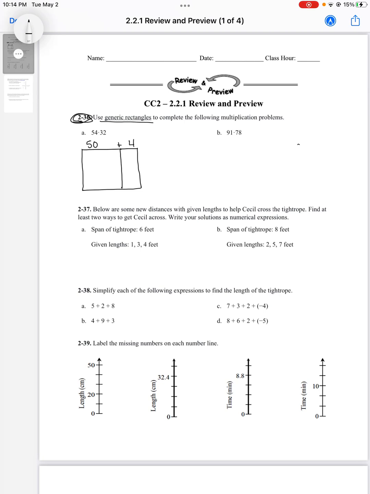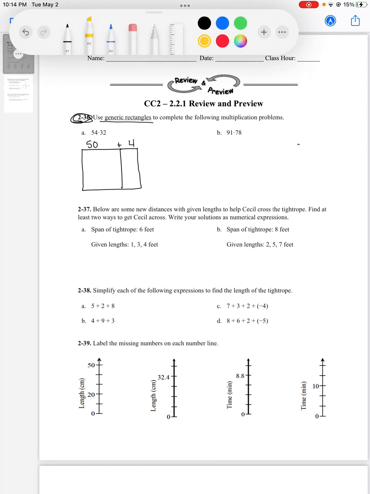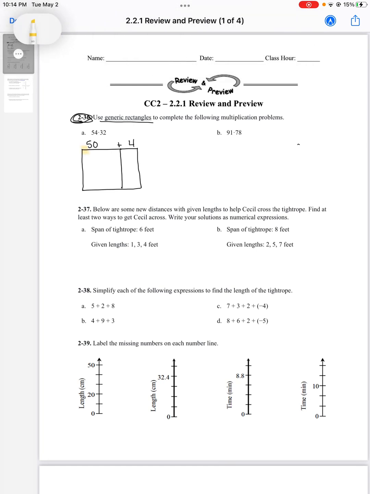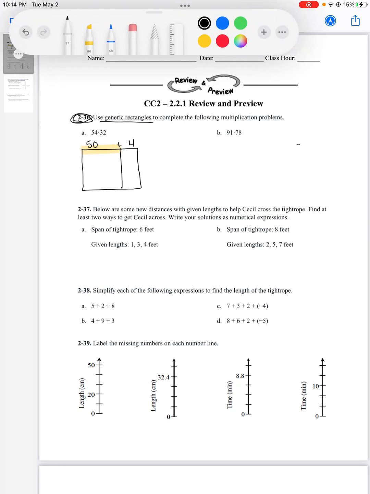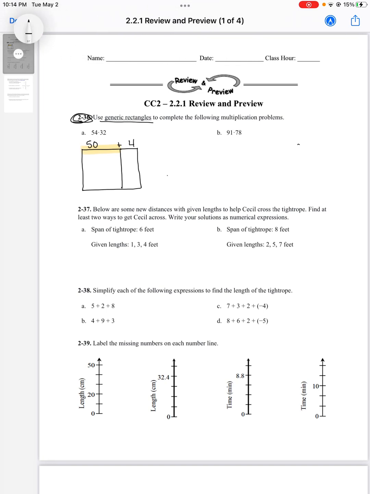And I draw this so my tens place value is larger, so that this area right here is larger than the 4 because it's the tens place value. So 50 plus 4 and then 30 plus 2.